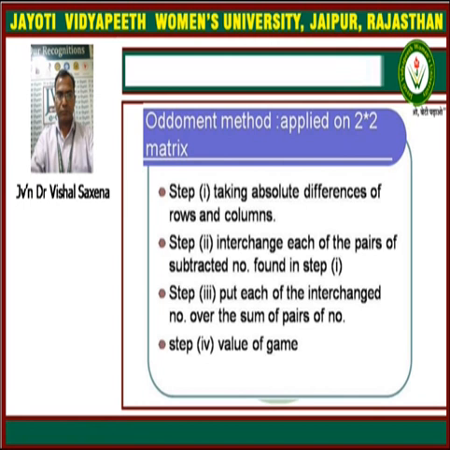The first step is taking the absolute difference of the rows and the columns. The second is to interchange each of the pairs of subtracted numbers found in step 1, that is, we write the absolute difference in the alternate row or column. The third step is to put each of the interchanged numbers over the sum of the pair of numbers.